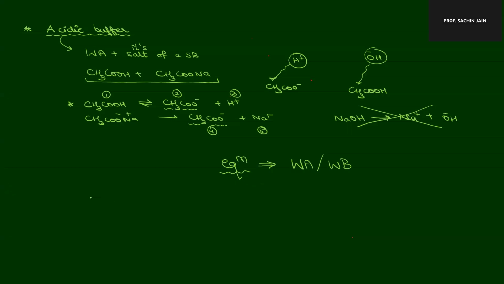Got it? After this buffer का मैकेनिज्म, इसका पीएच का एक फॉर्मूला है, हेंडरसन हेजलबैच इक्वेशन बोलते हैं, which is pH equals pKa plus log to the base 10 the concentration of the salt by the acid. And salt basically acid का ही conjugate base होता है, तो आप salt लिखो या conjugate base लिखो upon acid.